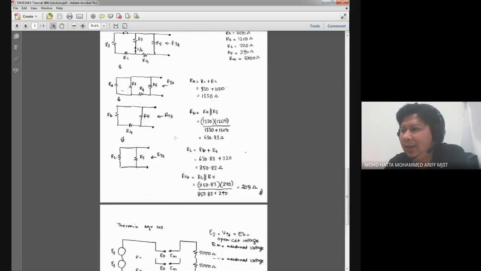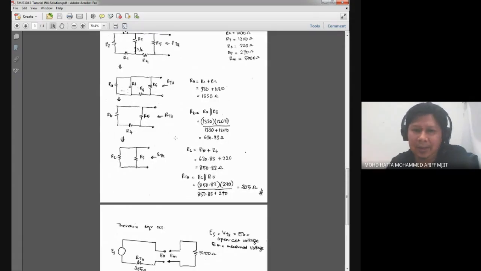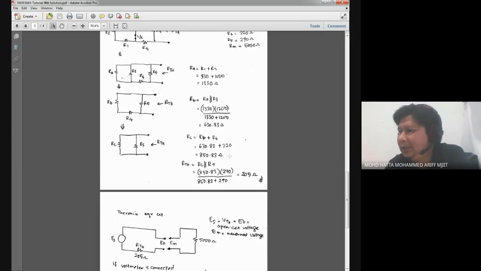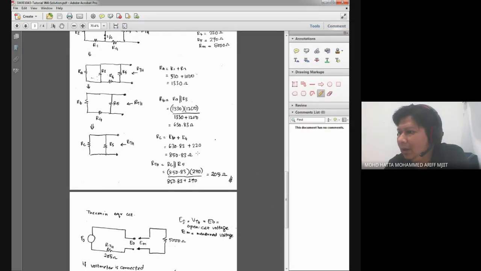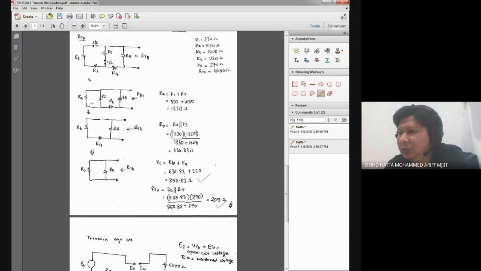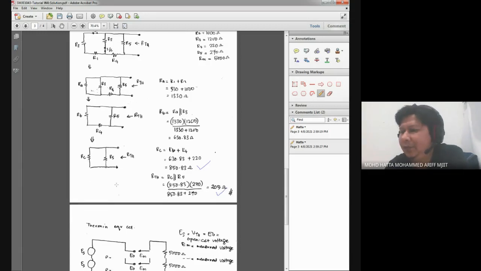And later on, my RTH calculation, I think same as what Izzati had presented, only that she presented up until this part. Okay, but I extend or I have another value of RTH, which is 205 over here. And this is due to resistor RC in parallel with R5.